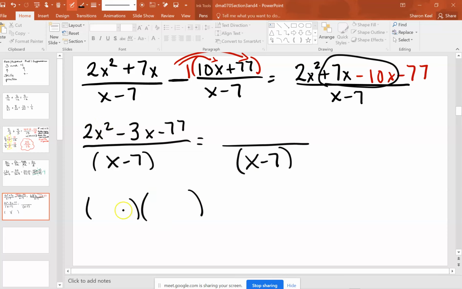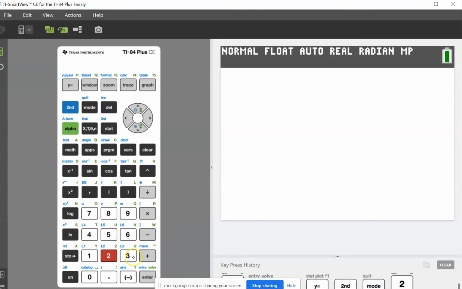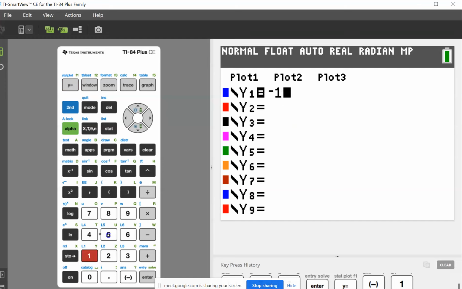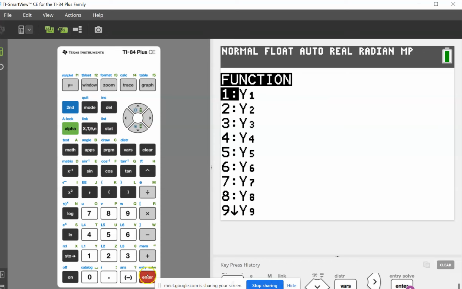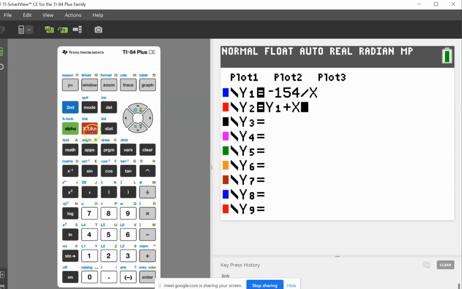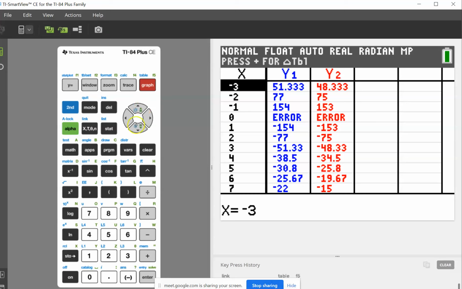So here, I need to remember to divide both answers I get by 2. 2 times negative 77 is negative 154. So we have negative 154 divided by x, and then we're going to have y1 plus x, second table, and we're going to look for our middle number, which was a negative 3 in the third column.